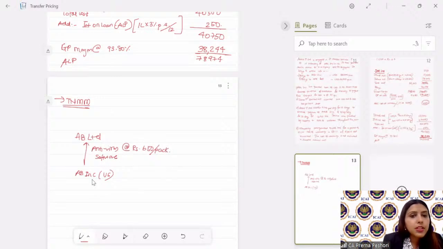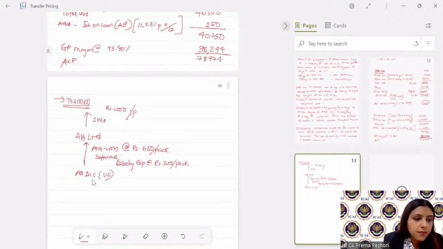Now AB Limited incurs an expense of rupees 200 for labeling, and sells for rupees 1000 per pack.